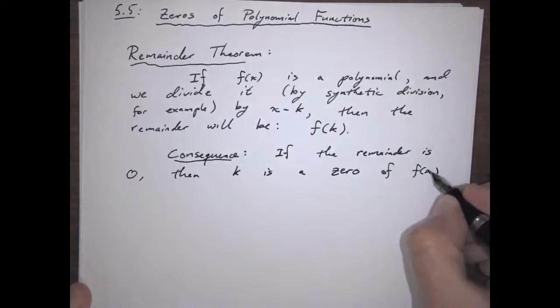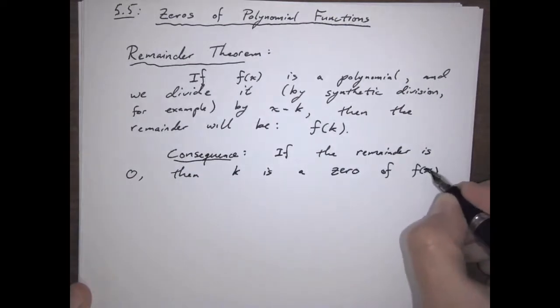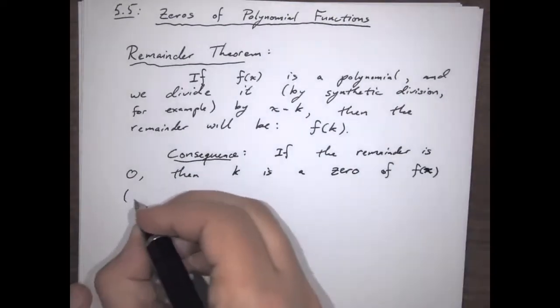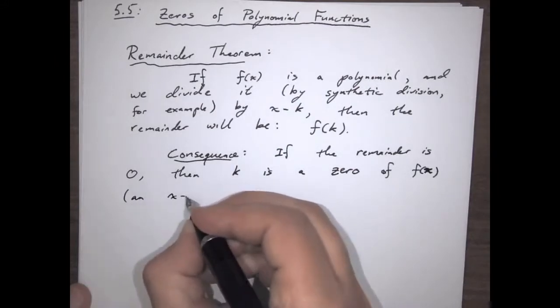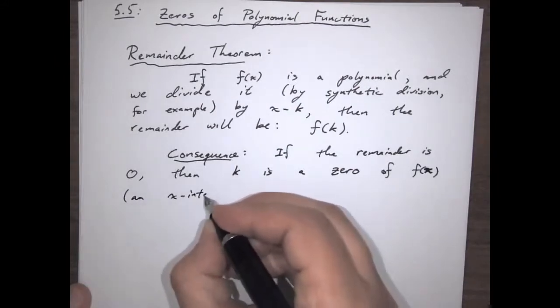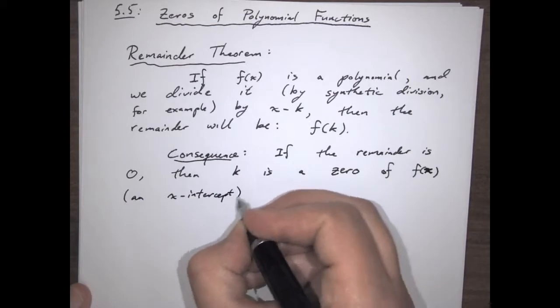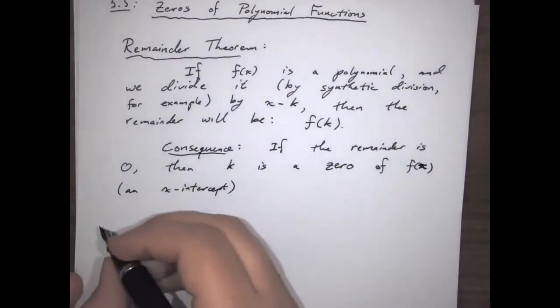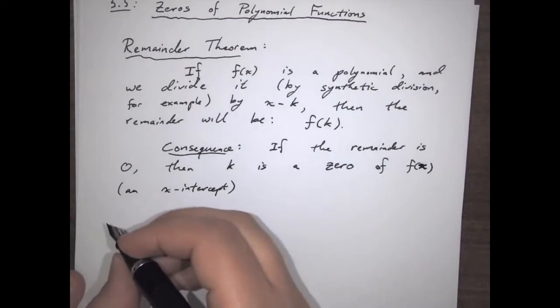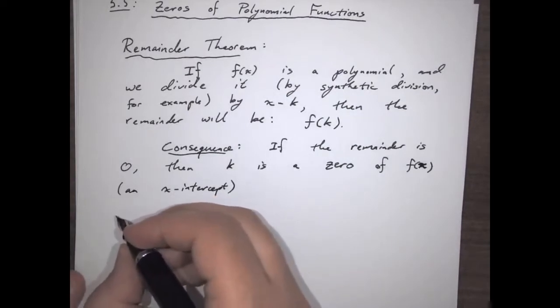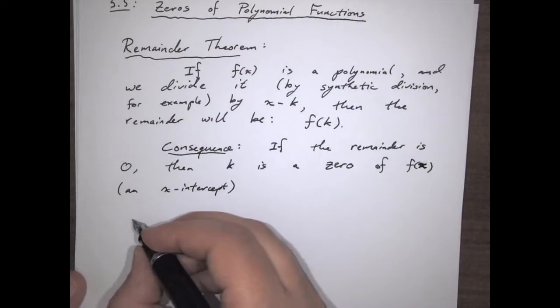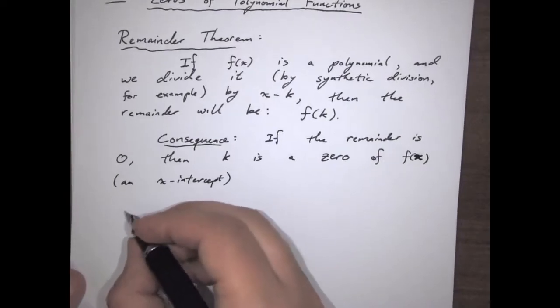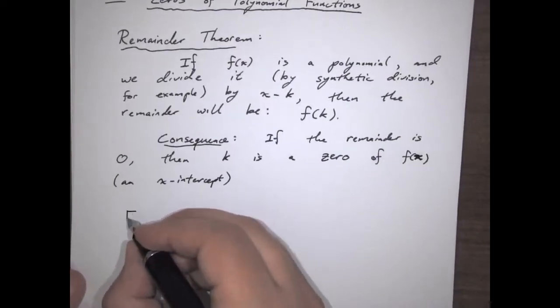In other words, it's a root or an x-intercept. Okay, so that's one way of checking whether something is a 0 of a function. Now, if it is a 0, then what that leads us to is what is called the factor theorem.